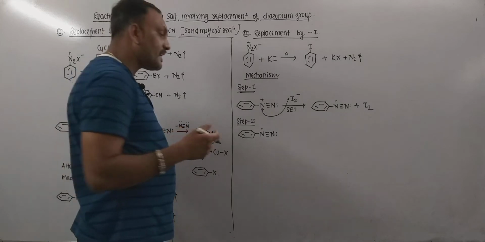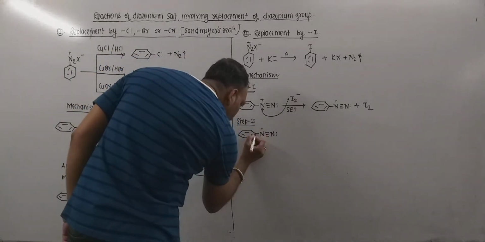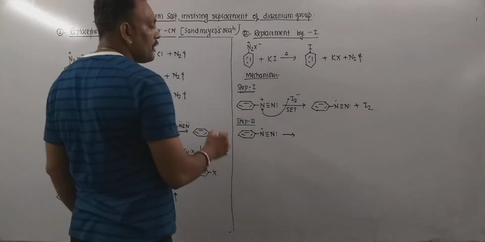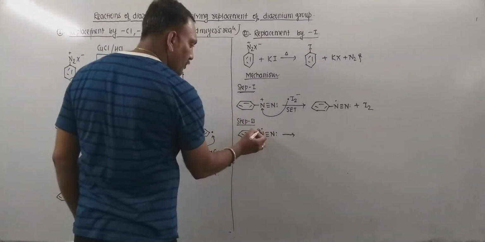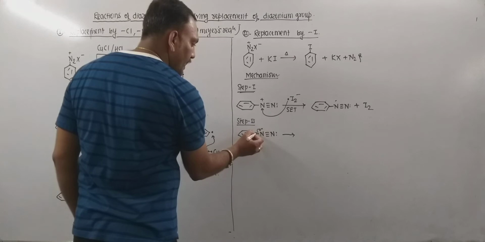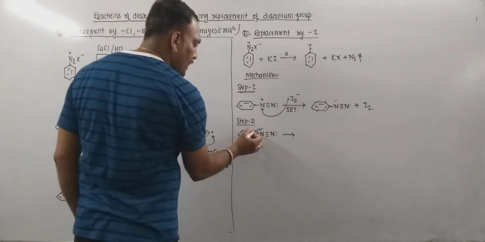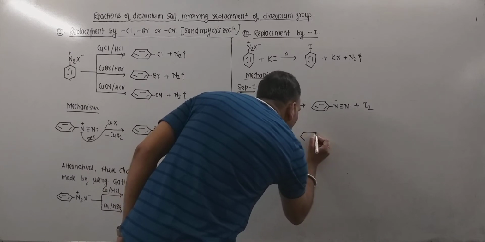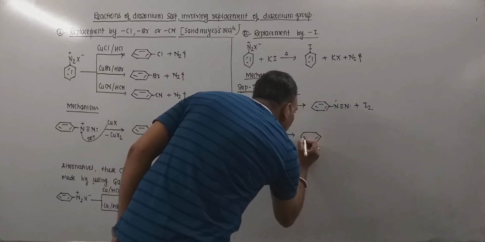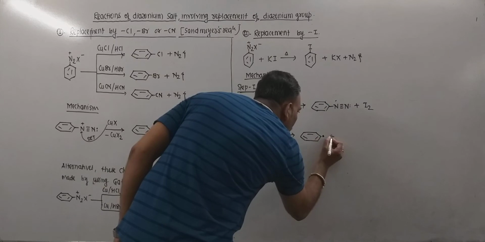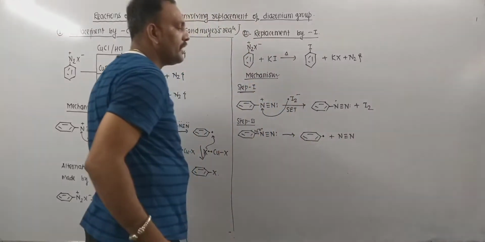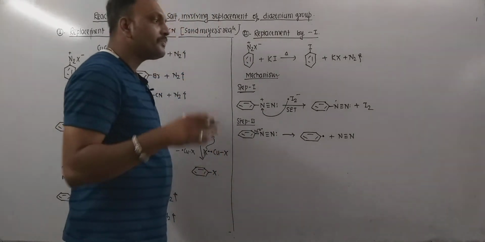So this bond gets cleaved, homolytic bond fission takes place. One electron is accepted by the nitrogen and one remains at the carbon itself, and thereby departure of nitrogen gas takes place, and this leads to the formation of a reactive species, what we call the phenyl free radical.